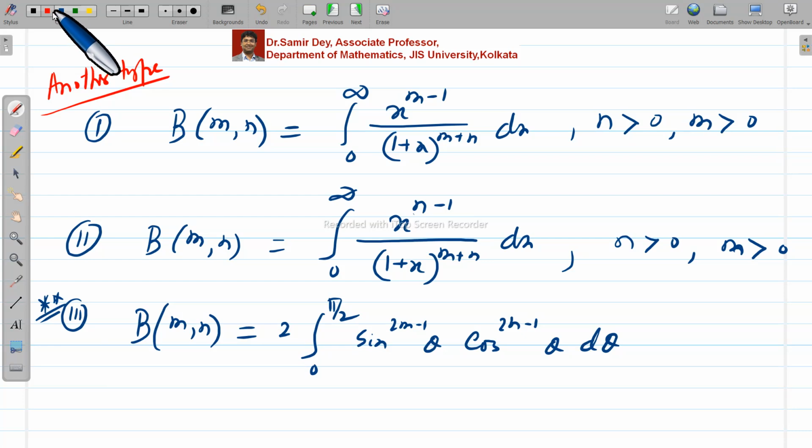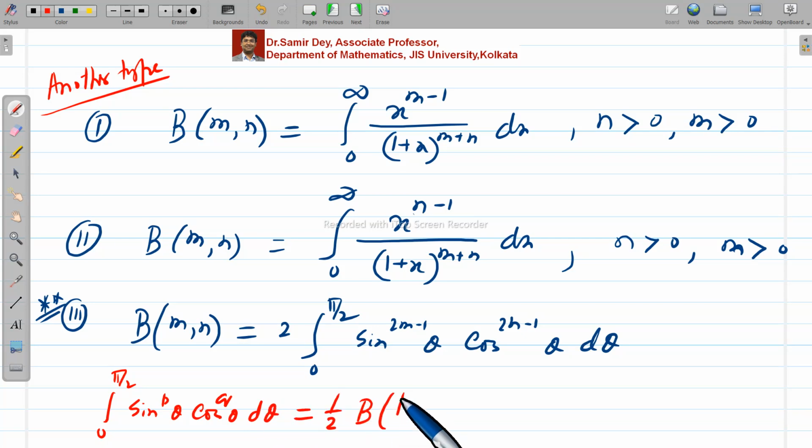During exams and calculations, this can be rewritten like this: the integral from 0 to pi by 2 of sine to the power p theta cos to the power q theta d theta equals 1 by 2 B((p plus 1) by 2, (q plus 1) by 2).